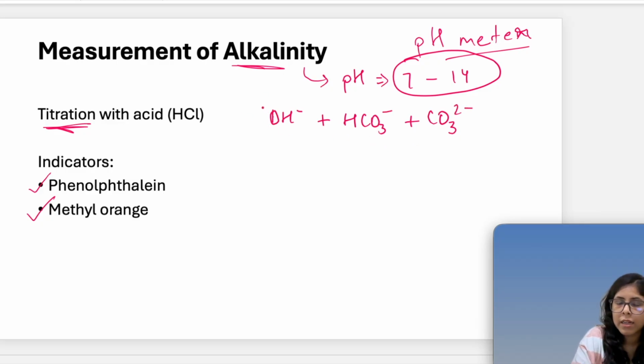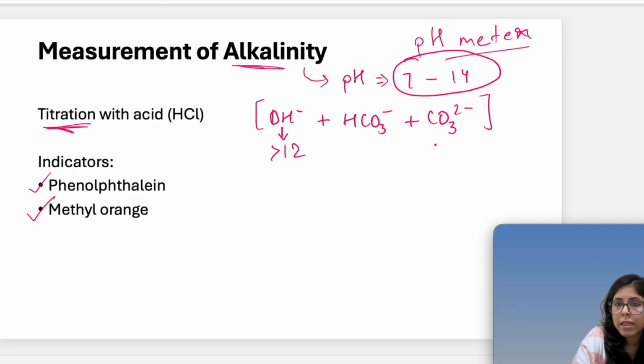Now, in titration, the caustic alkalinity is for pH greater than 12.